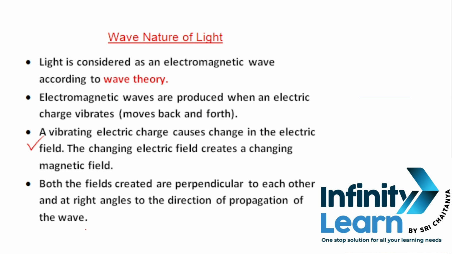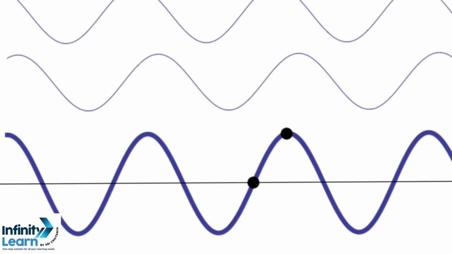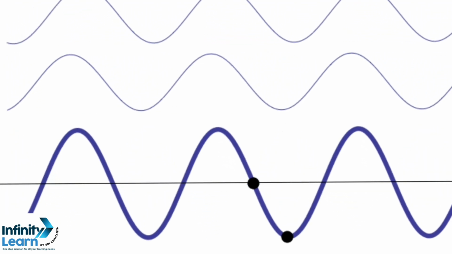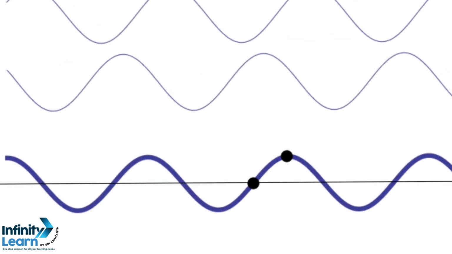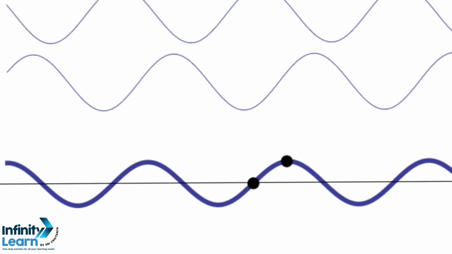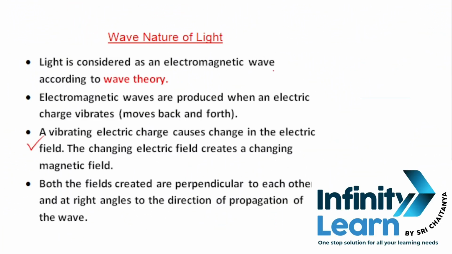At first, you should know that electromagnetic waves are produced when an electric charge vibrates, that is, it moves back and forth about its main position. Here, the word electro represents the electric field, whereas magnetic represents the magnetic field.